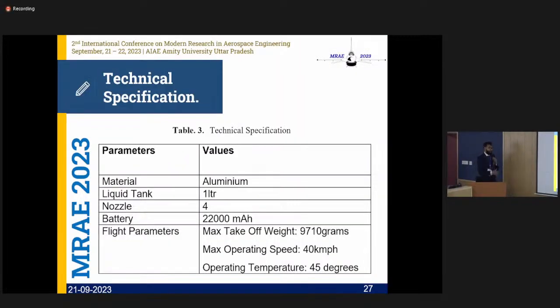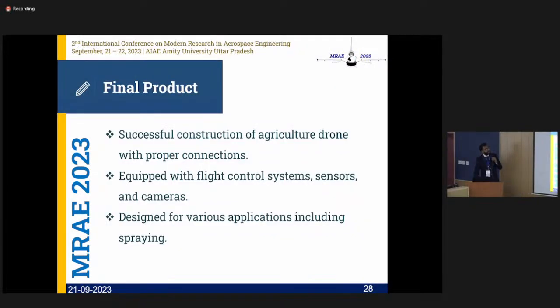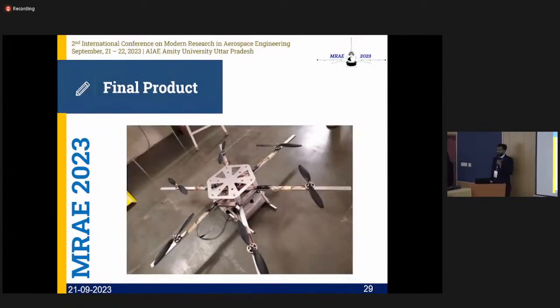This is technical certification, and it flew successfully. We tested it and were able to sprinkle in our university garden itself. This is the specification. The final product is something like this. It's really huge.